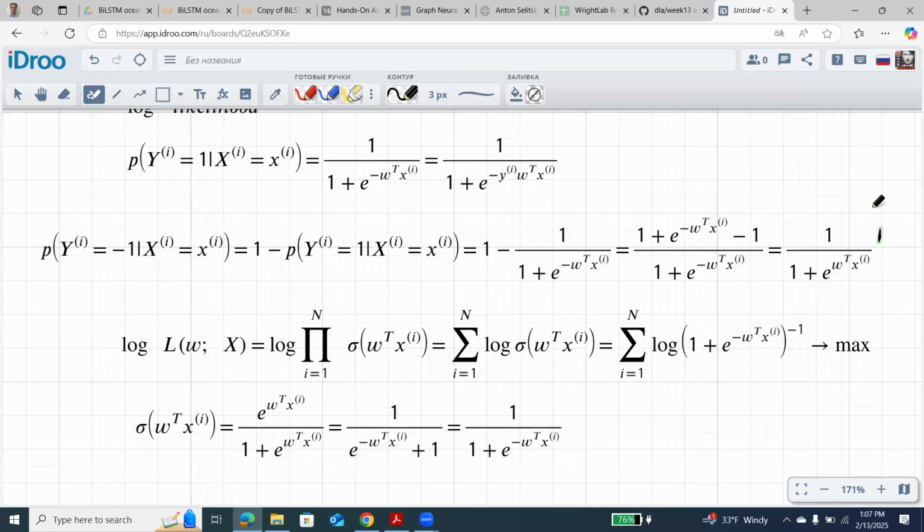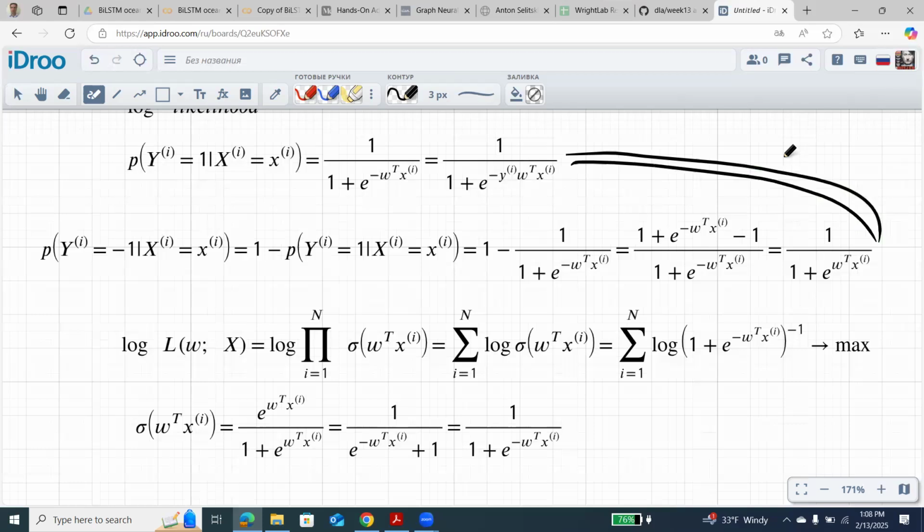So can you see that actually this expression equals to this expression if y is negative? So if y is negative, you will get negative y, it will be positive, so you will get e to the positive wx.